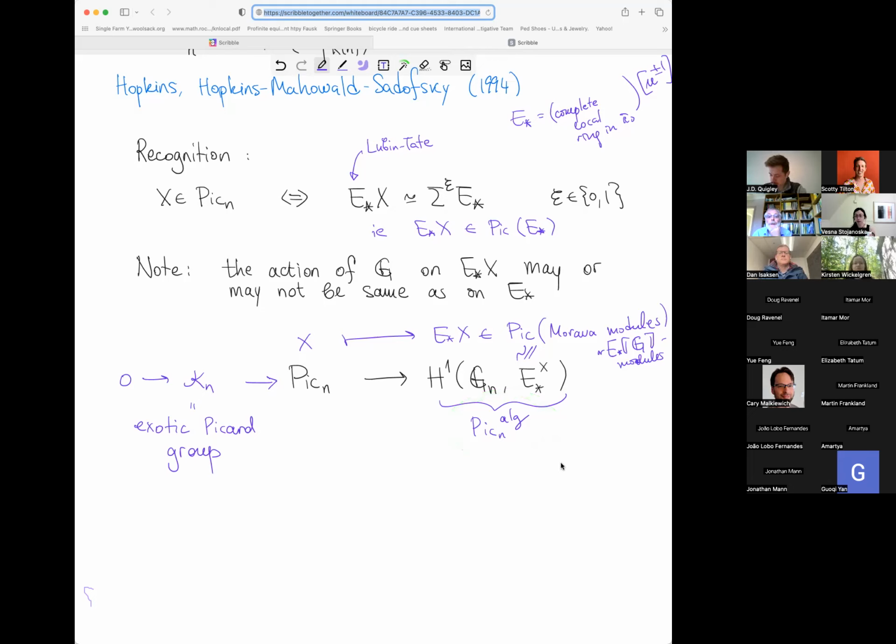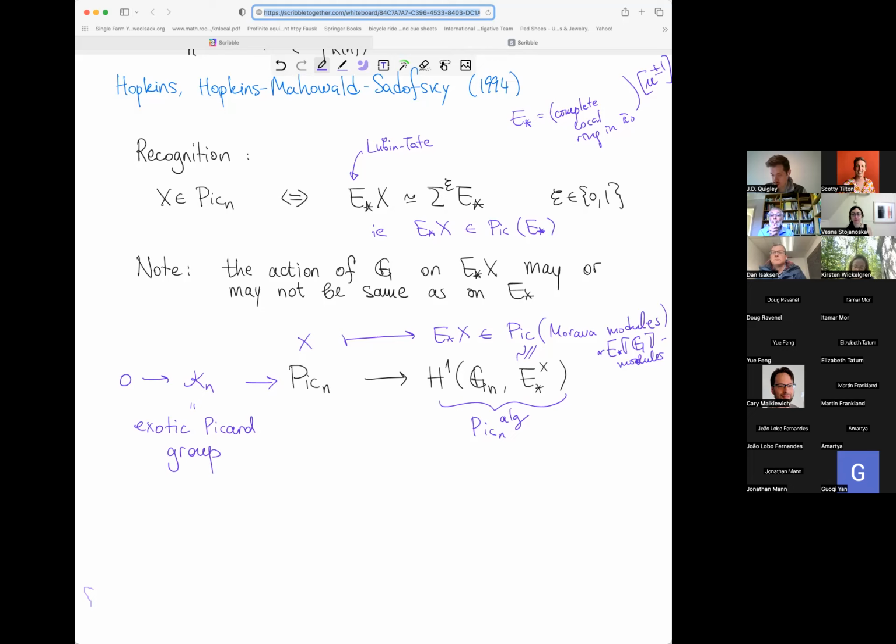Okay, any questions about this so far? If I went about trying to compute that algebraic Picard group, we'd be congratulating ourselves on the Galois group of F_{p^n} over F_p being cyclic. I know group cohomology of a cyclic group down pat, even with this E star. We've got that algebraically.